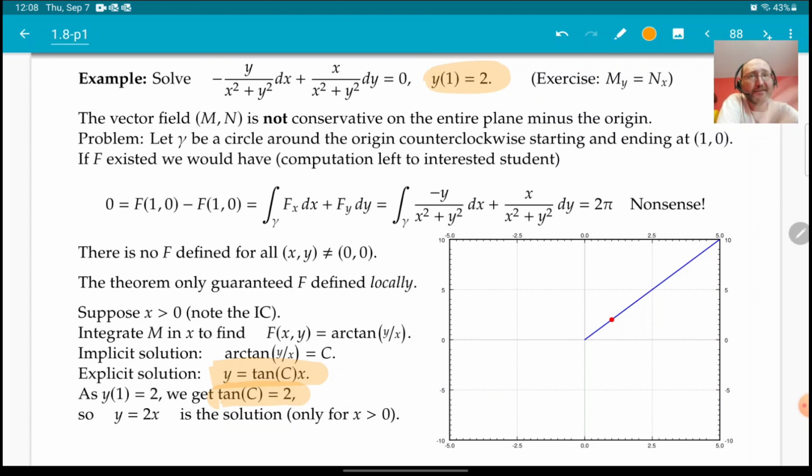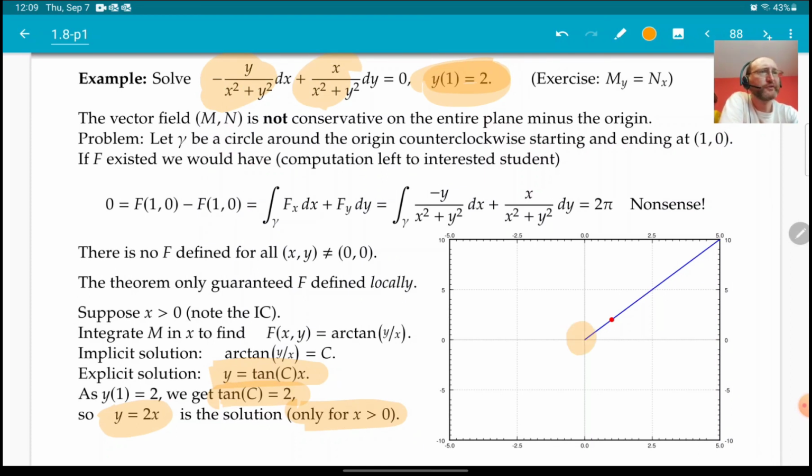That's the way that you're gonna satisfy this initial condition, right? So we have the solution y equals 2x. Really simple one, right? And note that it's only for x positive. The whole thing kind of breaks down at the origin over here, right?